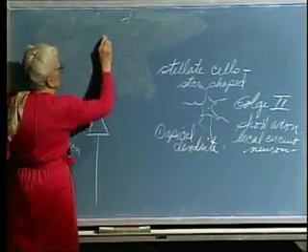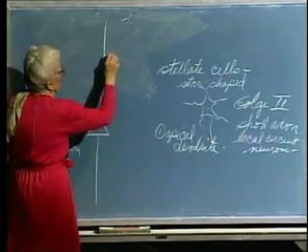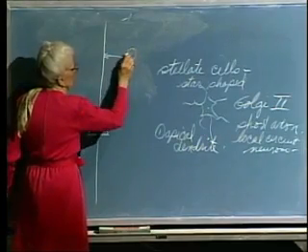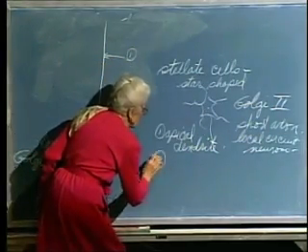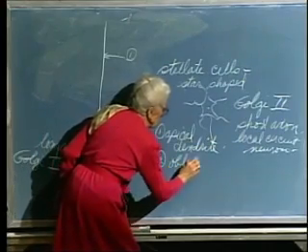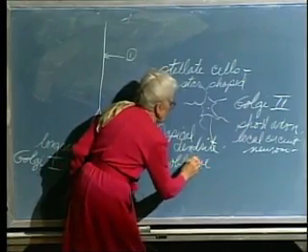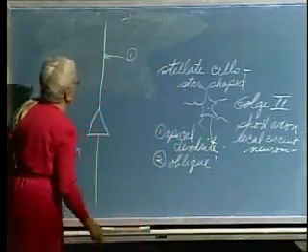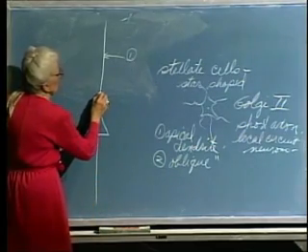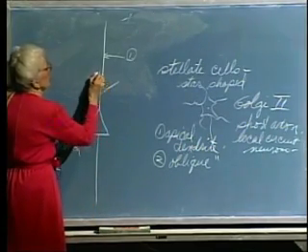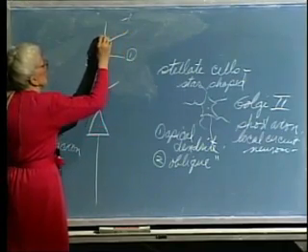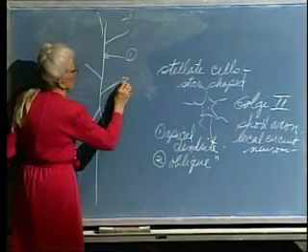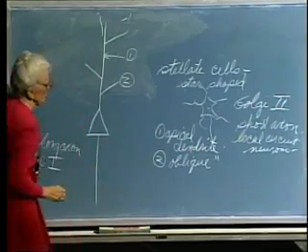Coming up here, this is my apical dendrite. Coming from the apical dendrite, we'll have oblique dendrites. And these will be coming off obliquely from the apical, somewhat like this, so we'll just put 2 for our oblique dendrites.